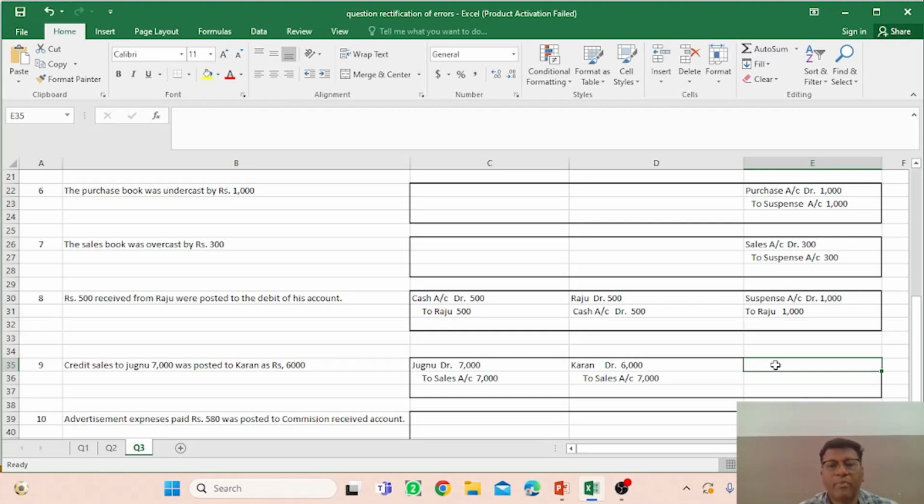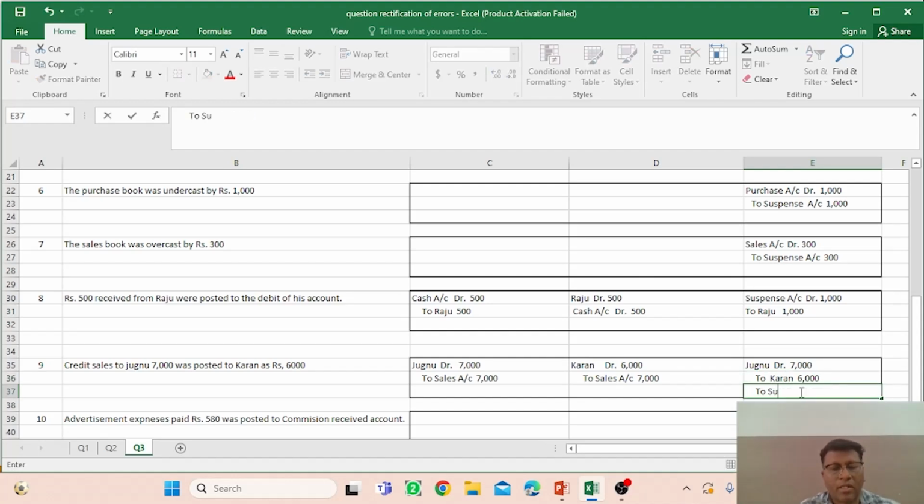But Jugnu should have been debited, so you have to make it debit now to Jugnu, debit by rupees 7,000. There is no need to write the sales, but Karan was wrongly debited, so you have to make it credit, to Karan, right? 6,000, because the amount was written over there 6,000, and you find a difference between both sides, so you have to take it to the suspense account.